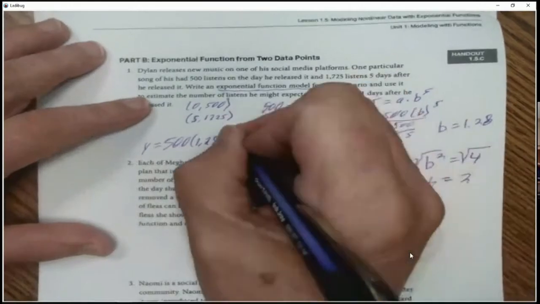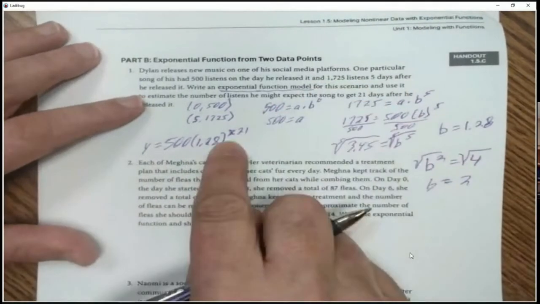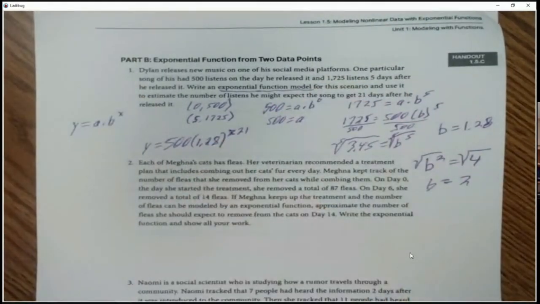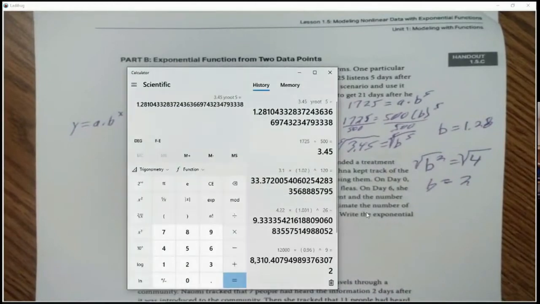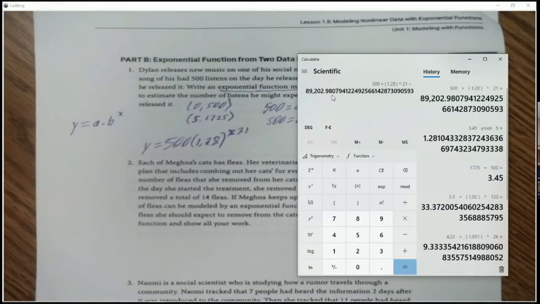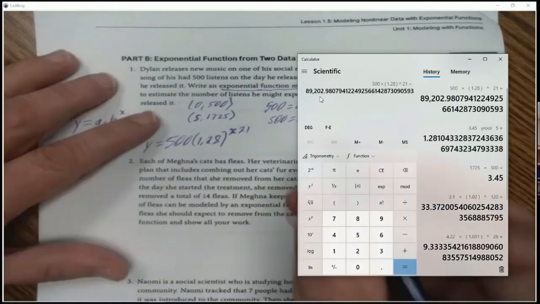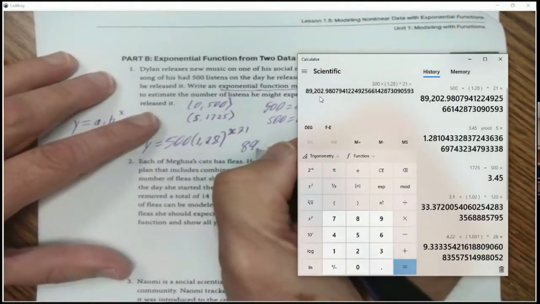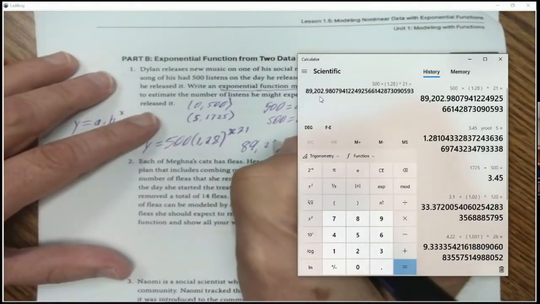So if we change that x to a 21 and do the math, 500 times 1.28 raised to the power of 21, 89,202.